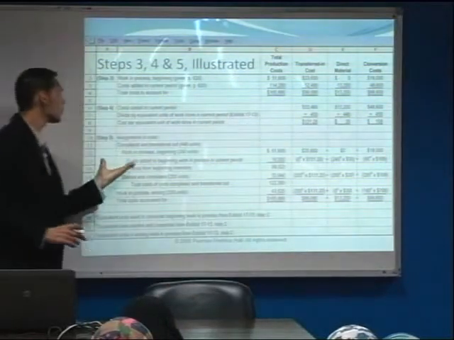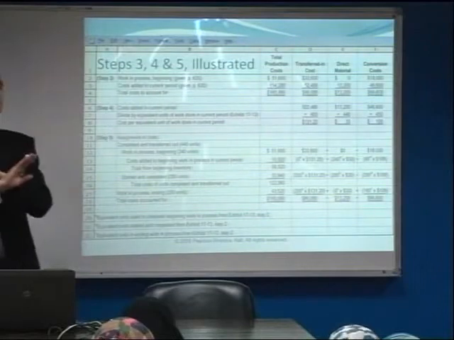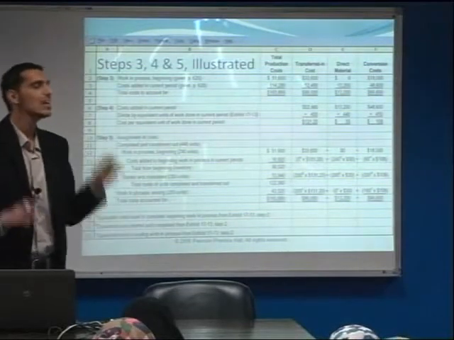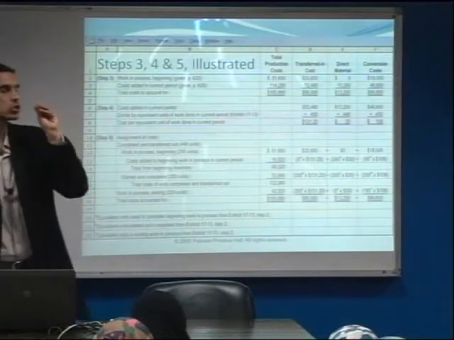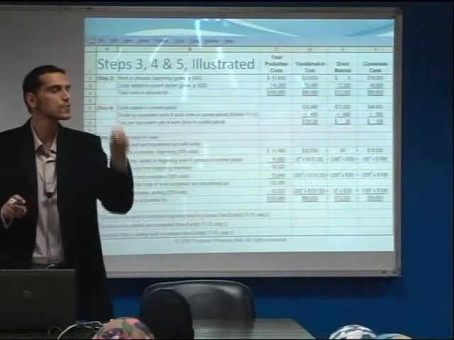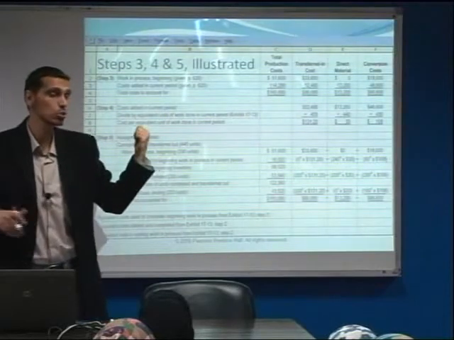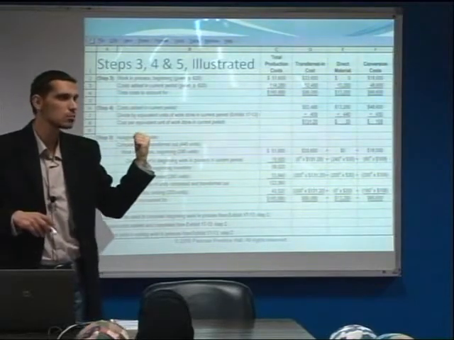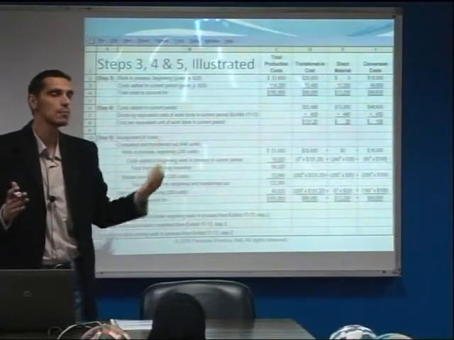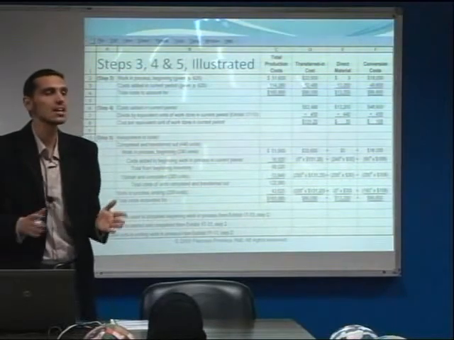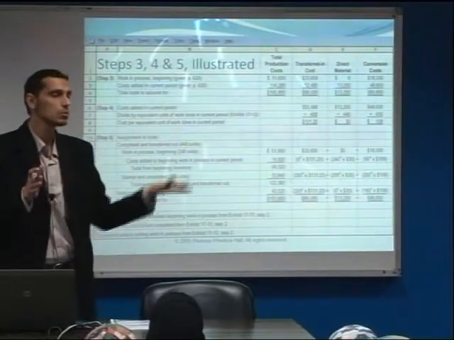Now, step number 5, which is the main objective of any process costing system, is to calculate the cost of the transferred out or the completed and transferred out units, or in this case, because we are talking about the last production process or department, it would be finished goods.